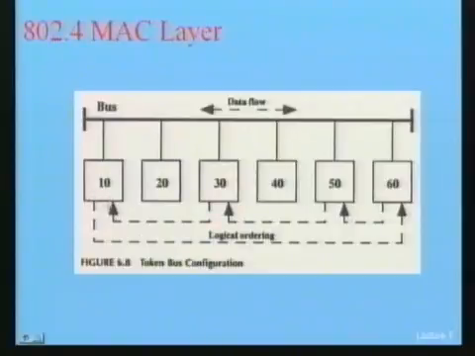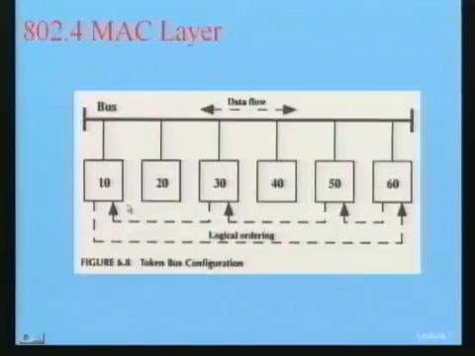So you can start with 10 and go to 60. 60 comes to 50. 50 comes to 30. 30 comes to 10. How about 20 and 40? 20 and 40 don't want to send data. They could be printers that only accept data. Okay? So they can be out of the ring. But these others are in the ring.